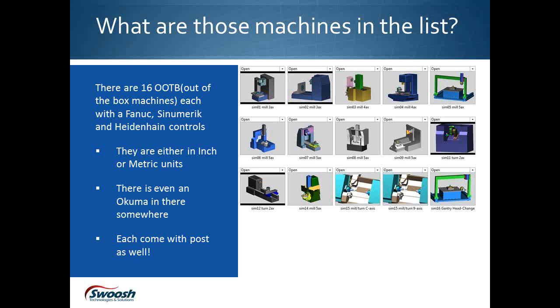So the types of machines that are supported and that are shown in the out-of-the-box examples are mill turn machines, milling machines, turning machines, and something they classify as a turn mill machine. They also have a gantry type 5-axis machine that shows head changes. And each one of these machine simulations comes with a post processor.